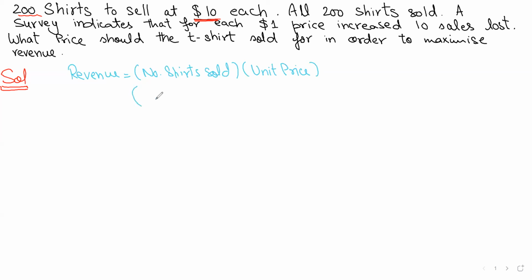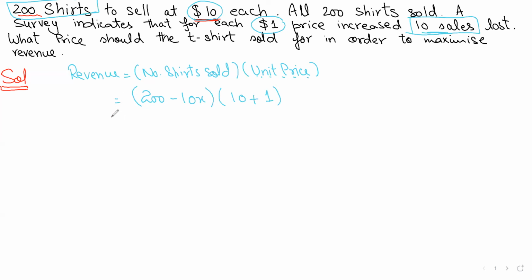So the number of shirts sold: my total number of shirts which were first sold was 200, and they were sold at the price of 10. I'm going to write here minus 10x, and the unit price is 10, and because it increased by 1, I'm going to write 1. This unit price is for the dollars, while the number of shirts sold is this other part. I just wrote it here.